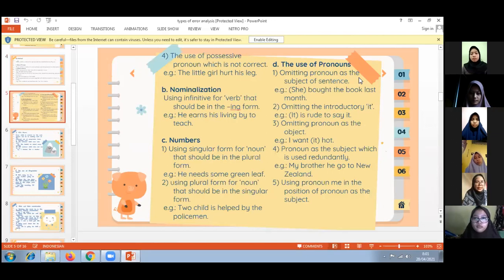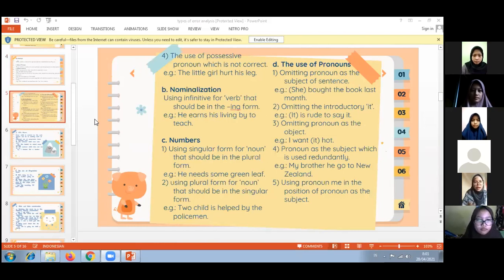Four is the use of a possessive pronoun which is not correct. For example, the little girl hurt his leg. B. Nominalization. Using infinitive for a verb that should be in the ing form. For example, he earned his living by to teach.